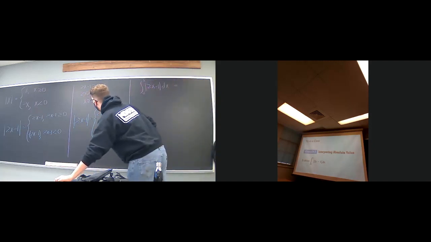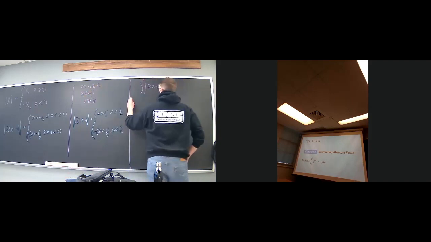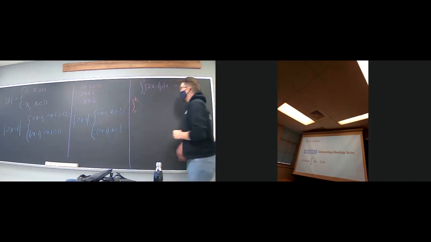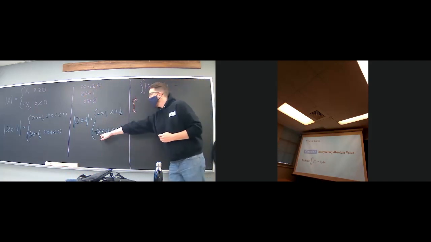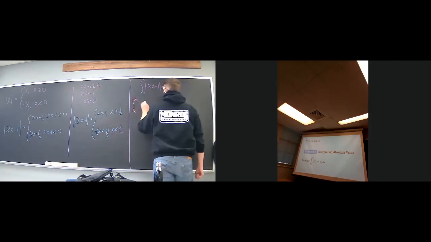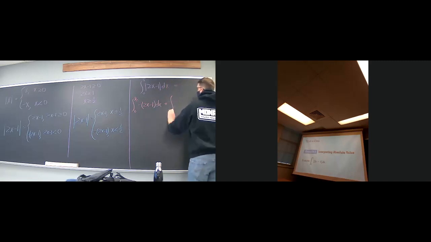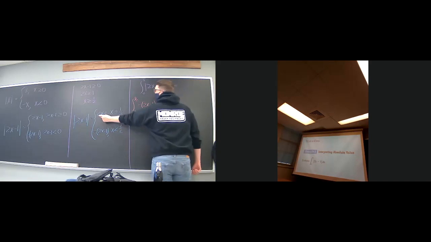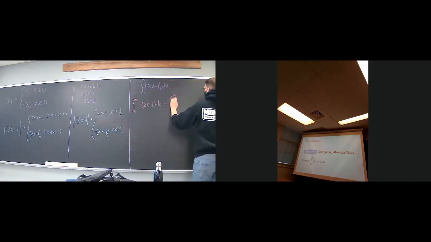So this is going to be equal to the integral from 0 to 1/2. Well, from 0 to 1/2, we're going to be negative 2x minus 1 dx. Now we're going to add the other part. It's going to be 1/2 to 2. We're going to be 2x minus 1 on that interval.